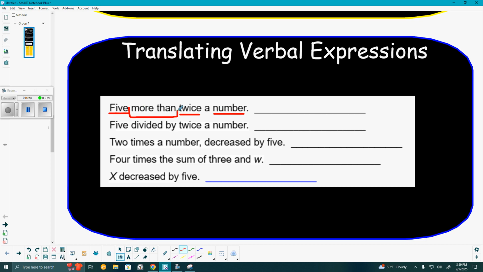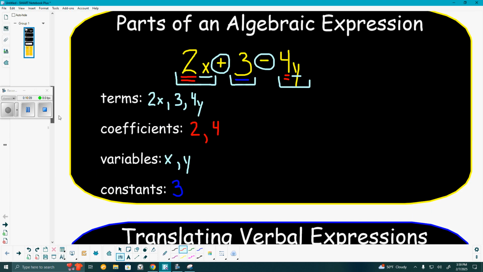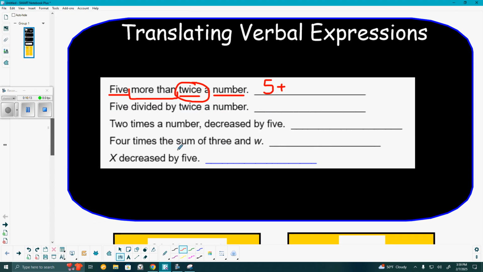So 5 more than can mean plus. Twice a number, so 2 times a number. And because we don't know what number, remember that a variable represents an unknown number. So we're going to use a variable. 5 plus 2x.